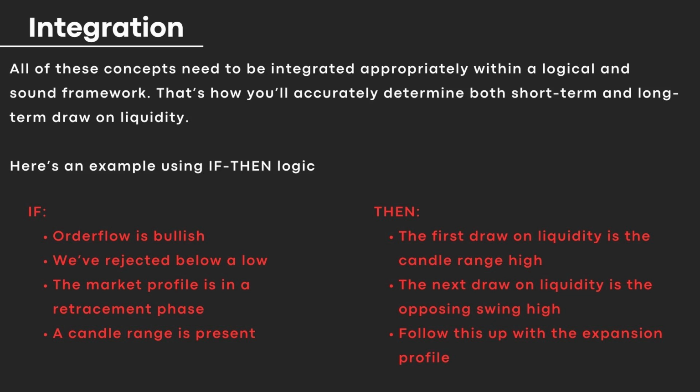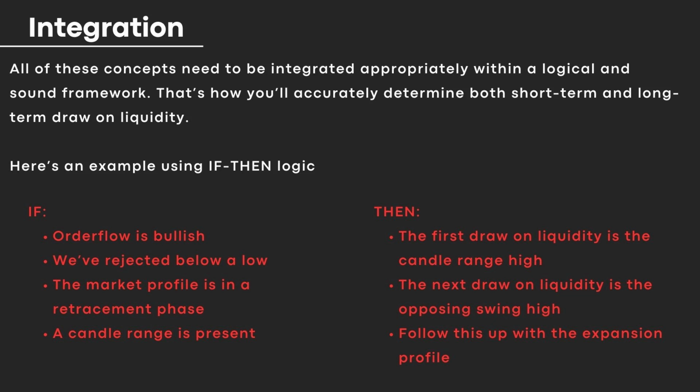Once all of the concepts I mentioned earlier are integrated accurately and logically around a logical framework, only then will you be able to accurately and precisely determine your drawn liquidity, right? For that, you'll use the if-and-then logic. For example, if the order flow is bullish, you first use the if matrix of the hypothesis.